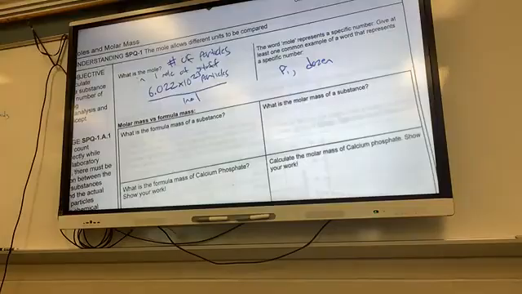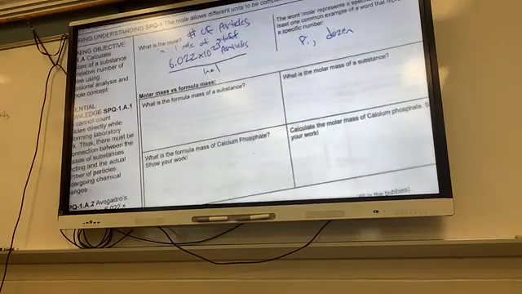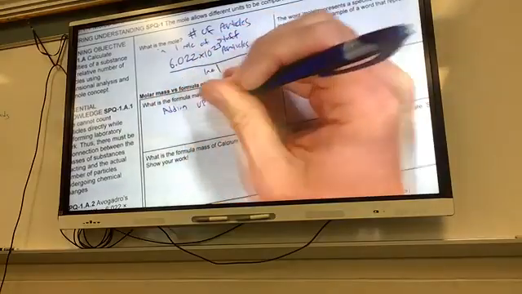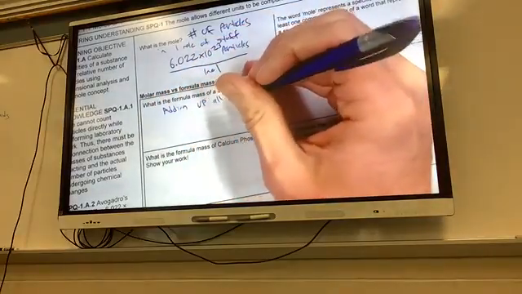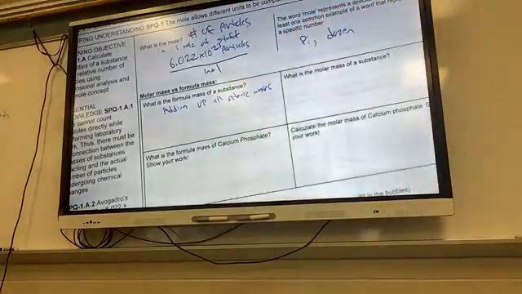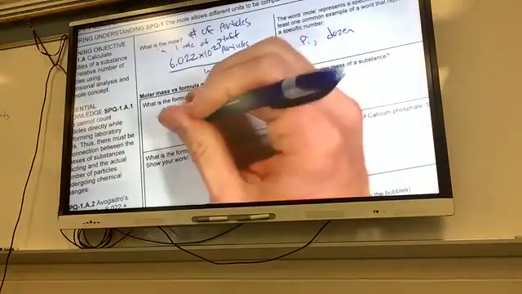What is the formula mass of a substance? Isn't that when you add up all the atomic masses? Adding up all atomic masses times their what?